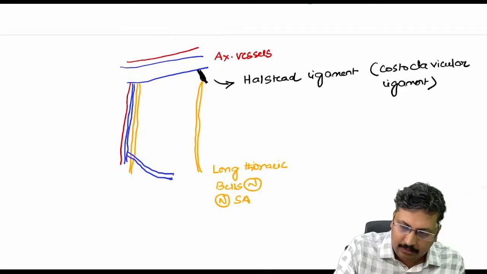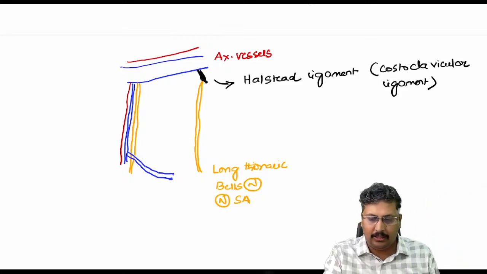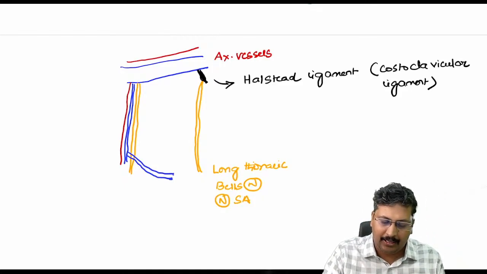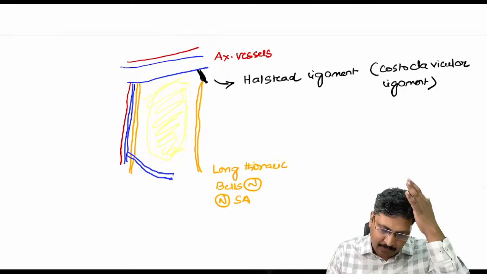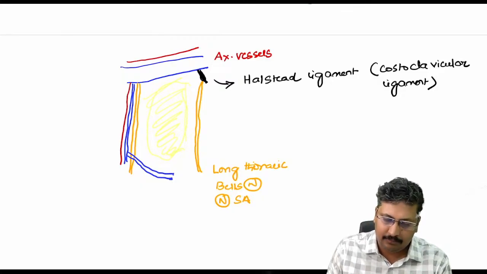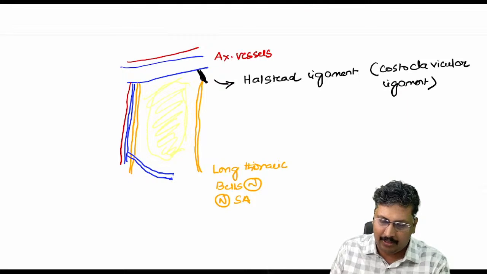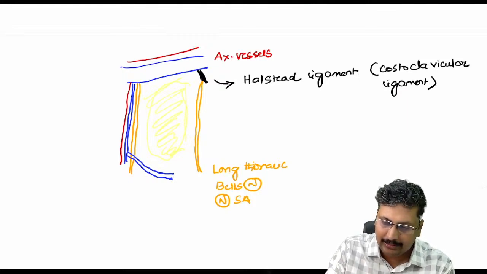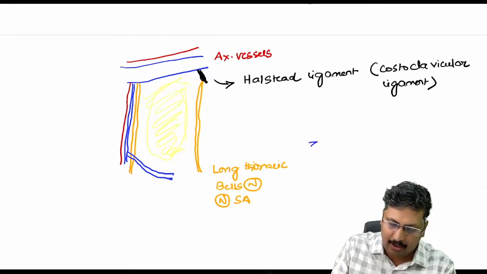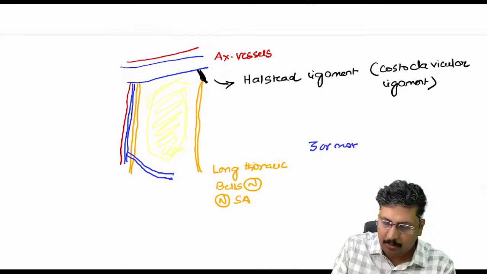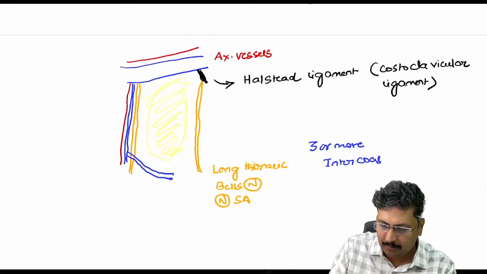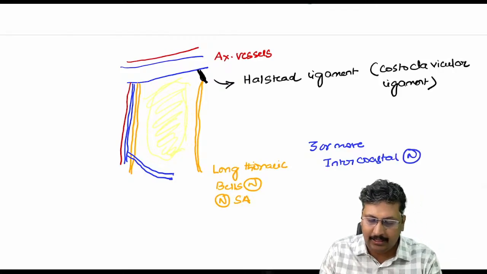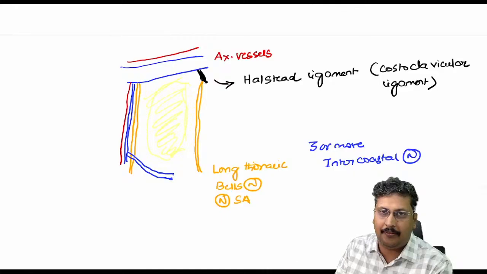So in axillary lymph node dissection, we have to completely clear the area between these boundaries. So this is the area of the axillary lymph node dissection. Here one more thing that we have to identify and see are the 3 or more intercostal nerves that are seen in this area of axillary dissection.